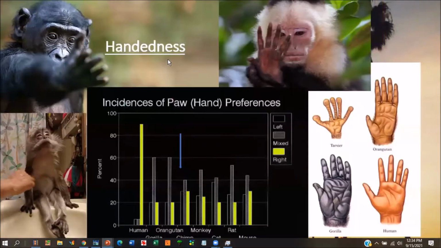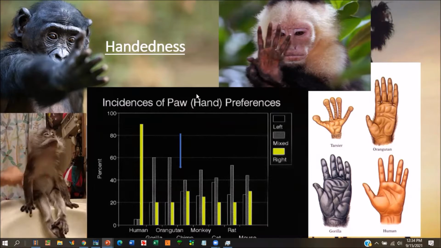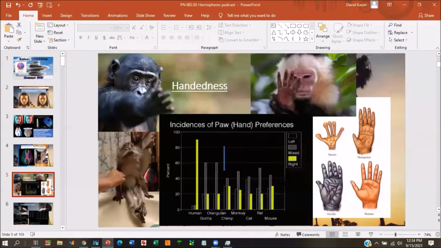All right, I love this little picture here. This is one of the slides I've shown for 20 years at least now, about paw preferences. Why is this cutting away?